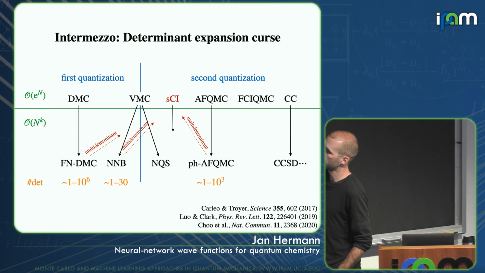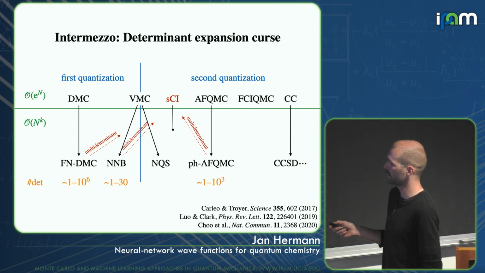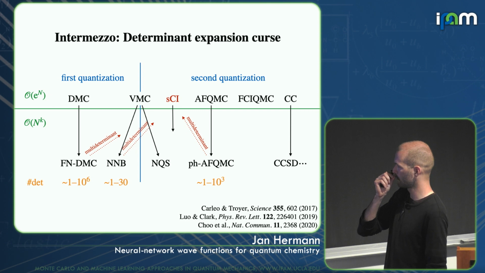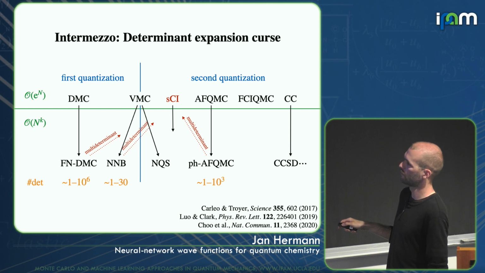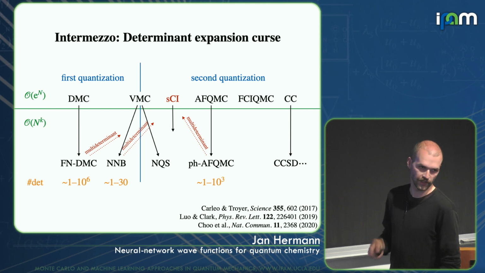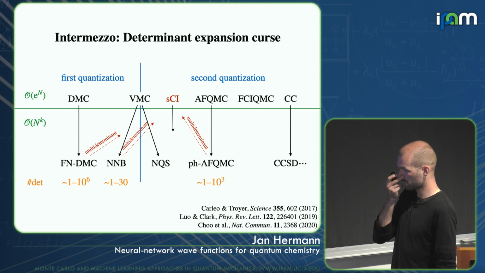So this is a map of different ab-initio methods, most of which we have heard about here. And essentially, my point is that they usually come from some general frameworks: diffusion Monte Carlo, variational Monte Carlo, selected CI, AFQMC, FCI-QMC, coupled cluster, that, if taken at their full capacity, are exponentially scaling and are in principle exact, right?